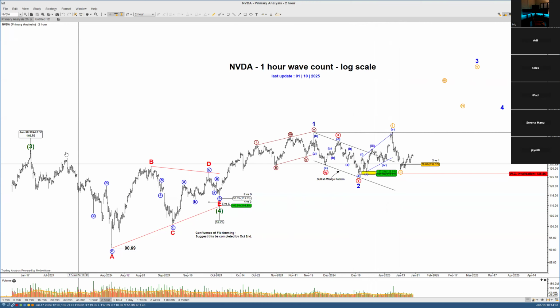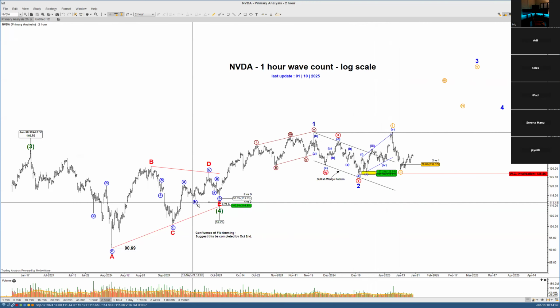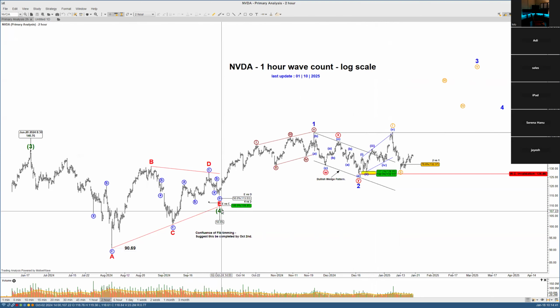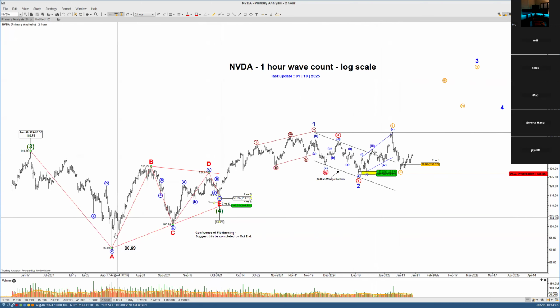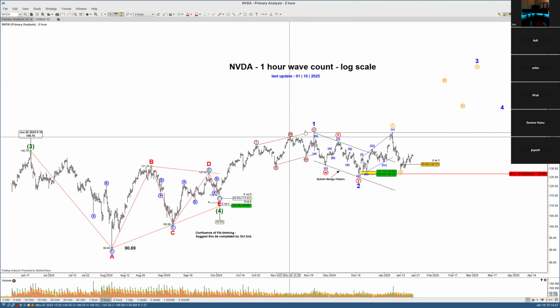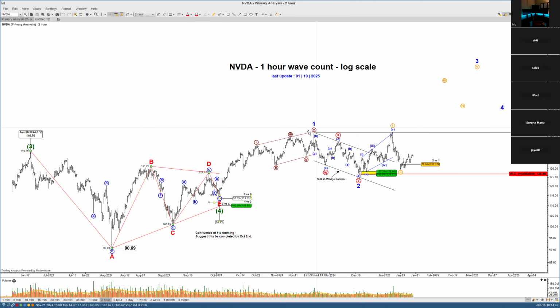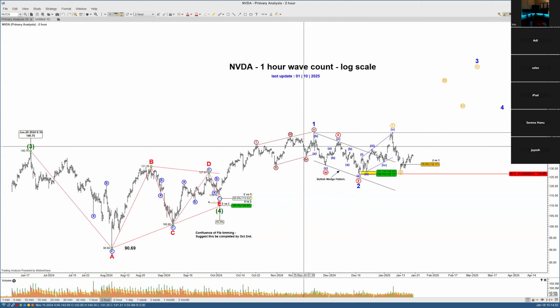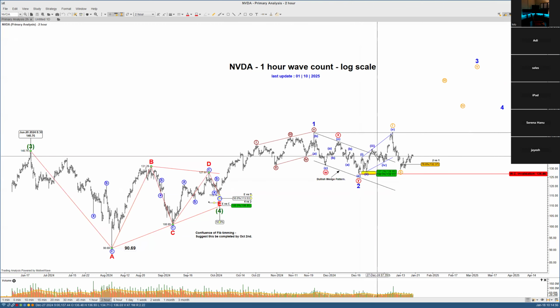So if I keep this as a contracting triangle in an E wave that can be counted as a triangle, then we'll look for one here as a leading diagonal down. We did squeeze a trade from here, as you guys know.